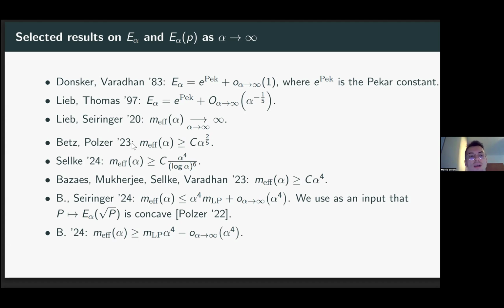And not much later, a work by Selke, using again functional integration, was able to significantly improve this result, and they get almost the optimal alpha to the power 4 divergence. The only twist is they had to divide it by log alpha to the power 6. So this is almost the optimal divergence.